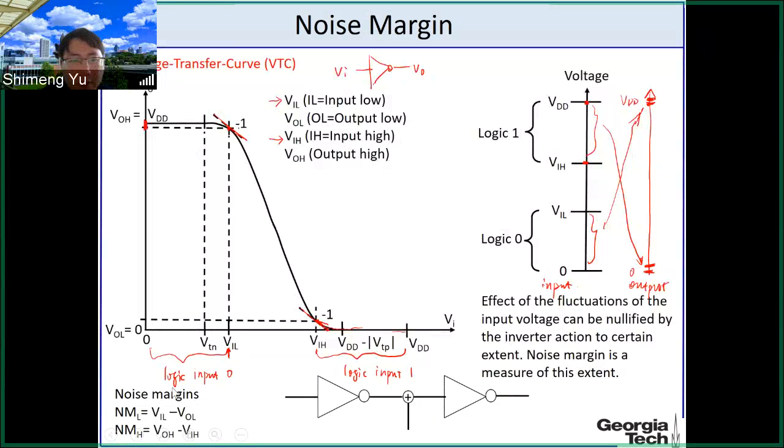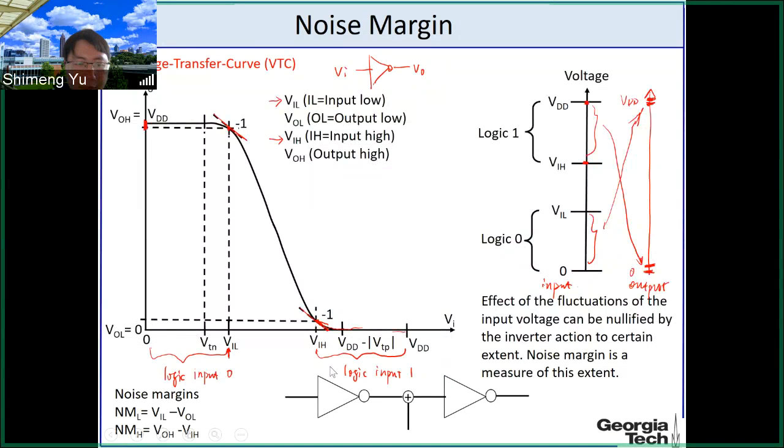In other words, we can tolerate some noise in the input voltage. If you think about the input voltage having some noise, ideally it should be 0, but as long as the noise is within this range, the output is still logic 1. Here we define the noise margin. The noise margin low, NML, is VIL minus VOL, which in this case is 0, so it's in this range.